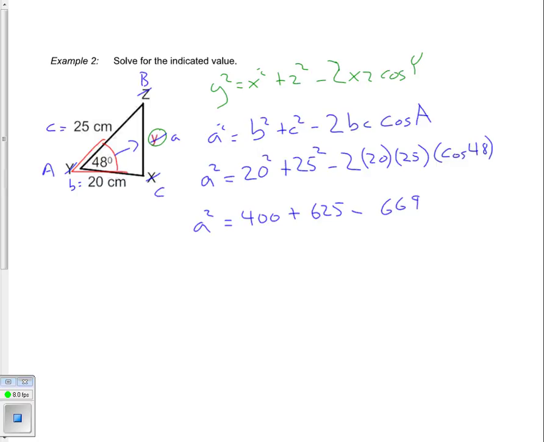I'm just going to round it to one decimal place for simplicity's sake. Then I want to simplify this again. So I've got a squared. I'm going to take 400 plus 625, and that's 1025, minus 669, which is going to give me 356.